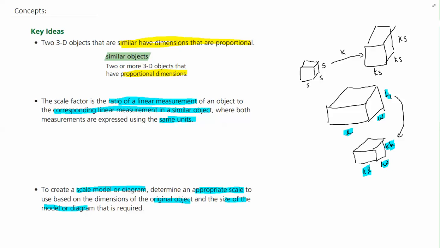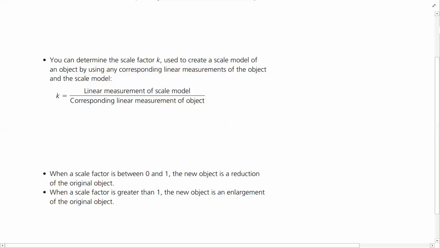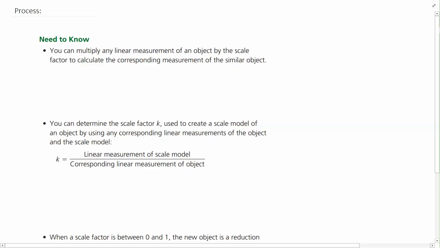So you choose your scale not just randomly, but you look at, okay, I have a paper that's this size, so I need to know what my scale is that's going to fit it onto the page, so that the model is going to be small enough or big enough, etc. So let's talk about how we do these things now.